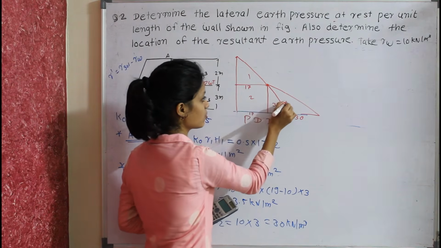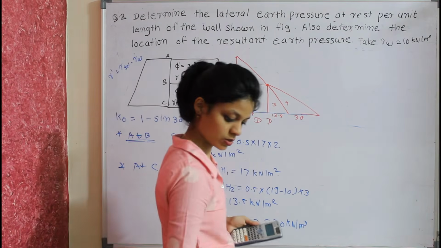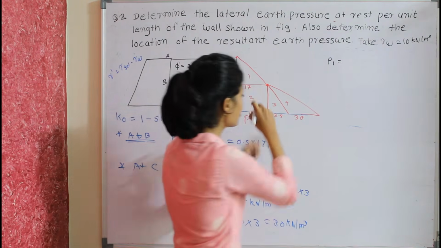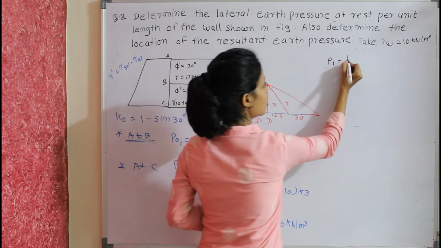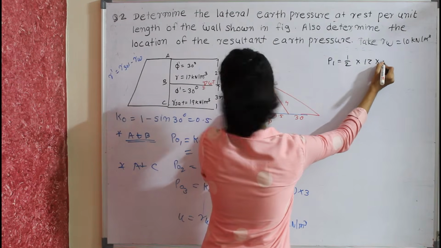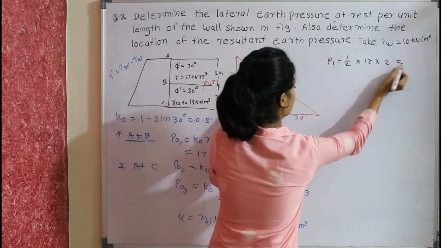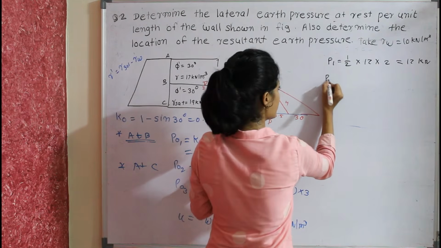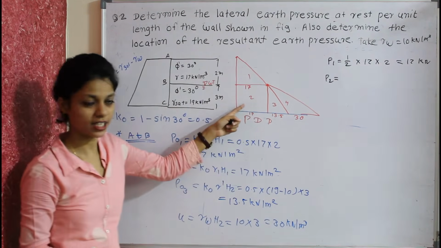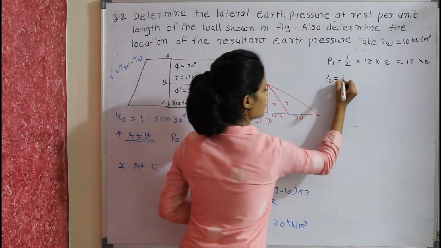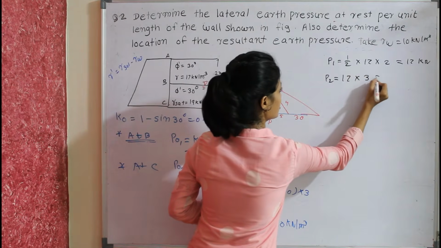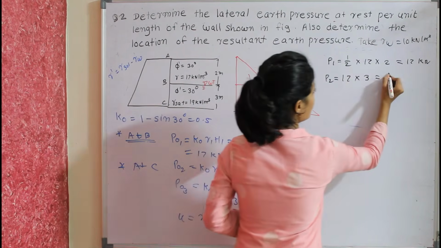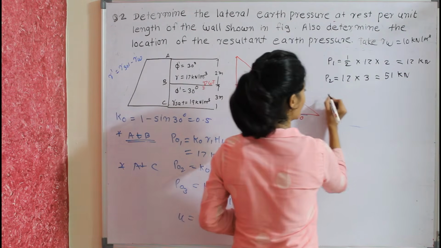Part 1, 2, 3, 4. Now the total pressure. For calculating the total pressure, P1 is the area of the first triangle, half base 17 into height 2, equal to 17 kilonewton. Next is P2, the area of this rectangle, B into D, 17 into thickness 3, which is 51 kilonewton.